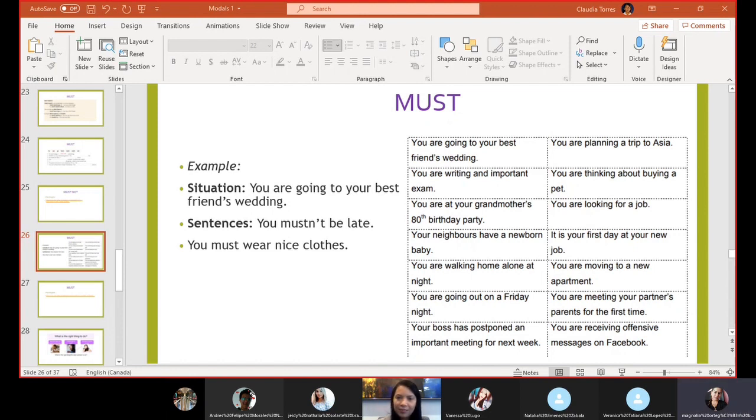Can you see the scenario in the chat? Yes, the scenario is for Magnolia.